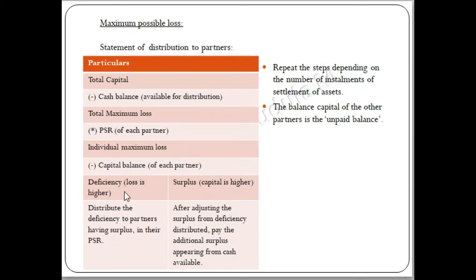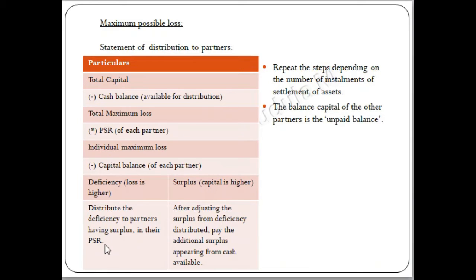Deficiency means the loss is higher than the capital balance, which means that partner will not be paid any amount at all. Surplus means the capital is higher than the loss amount, which means that even after adjusting the loss that the partner has to bear, he will be paid off some capital balance. Now, in case of those having a deficiency, the deficiency amount is distributed to the partners having surplus in their profit sharing ratio.